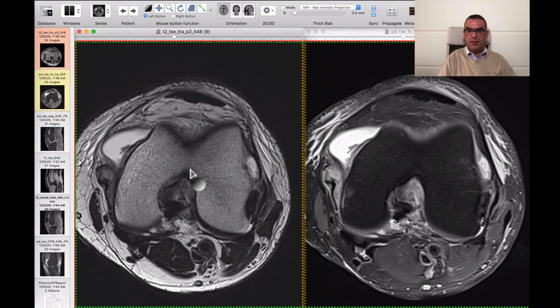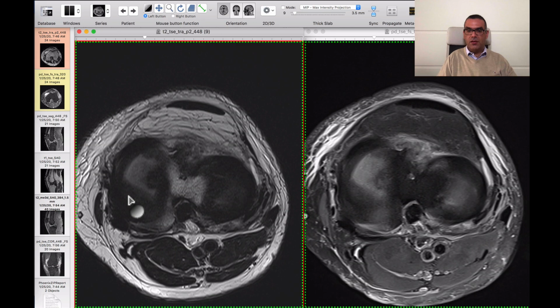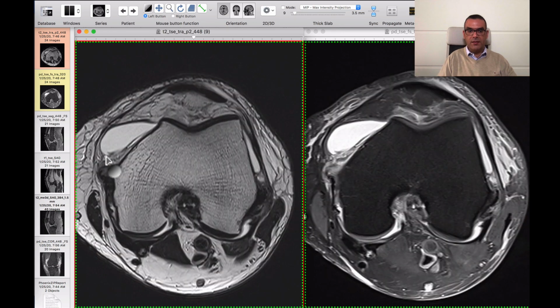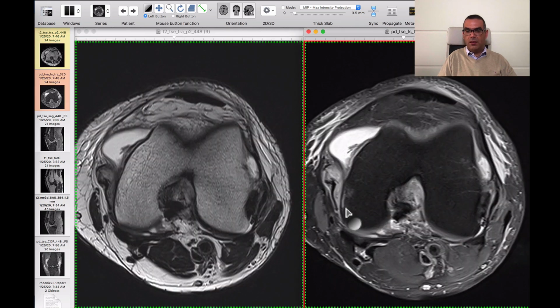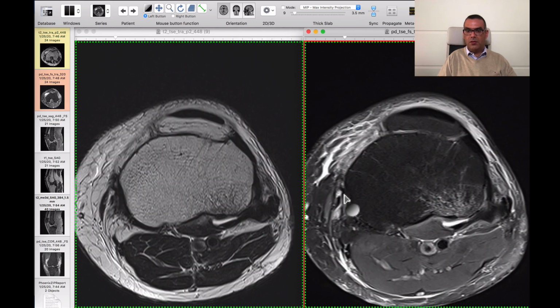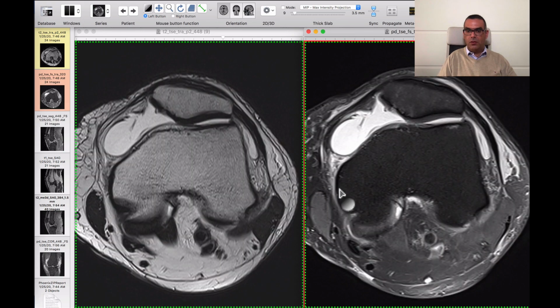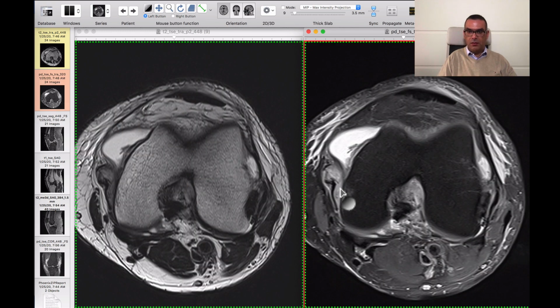let's switch back to the T2, there are also pathological changes identified at the medial aspect. This is more or less similar to the previous case. You can see the distal fibers of the MCL, and you can go up with this to the femoral attachment. So the femoral attachment actually looks good.